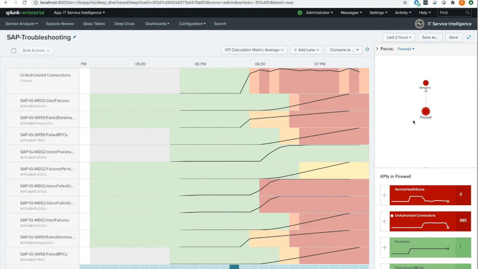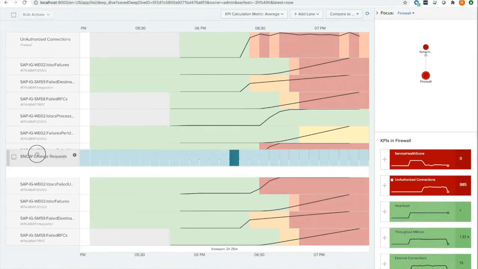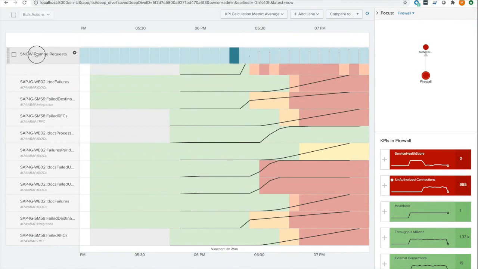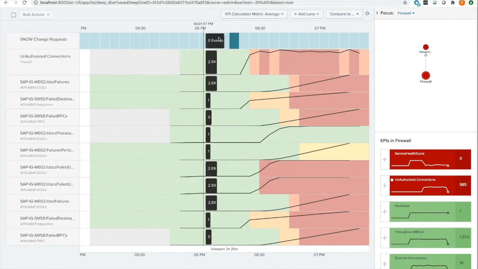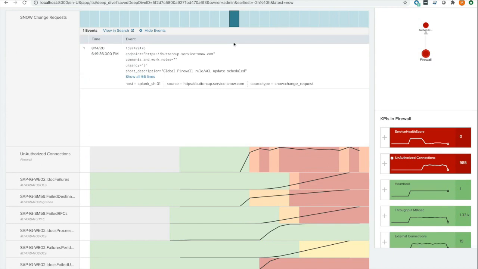But let's see if there are any scheduled changes against the firewall system. In here, I can also bring in my ServiceNow change requests. By looking at the ServiceNow change requests, I see that there was a global firewall change implemented that updated some access control lists that may actually have caused this whole problem to begin with.